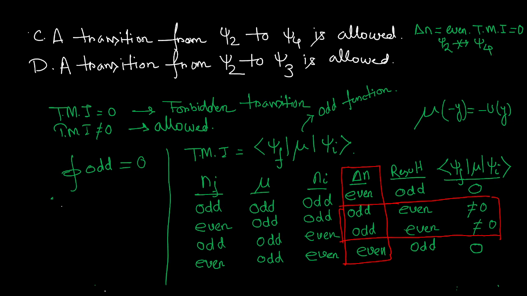Now psi 2 to psi 3 is allowed because the difference is odd, and eventually the TMI value will not equal 0. So this is a correct statement. Using this logic, we can say what the result will be without deriving the whole integral. Now going to the next question.